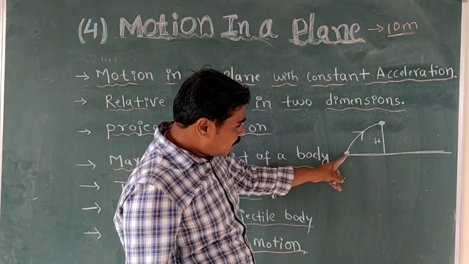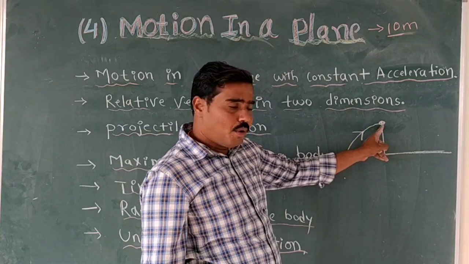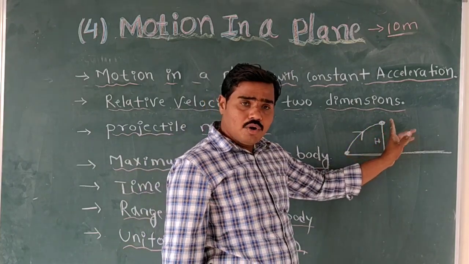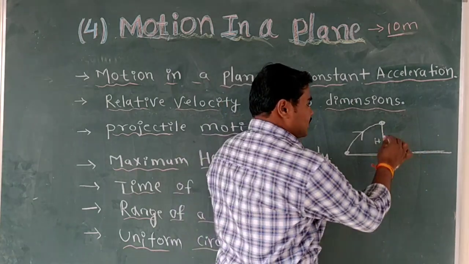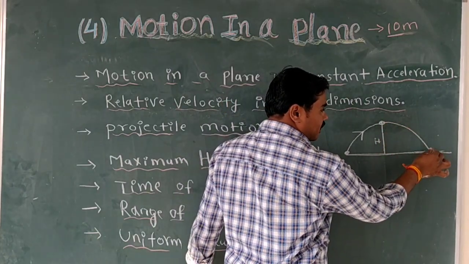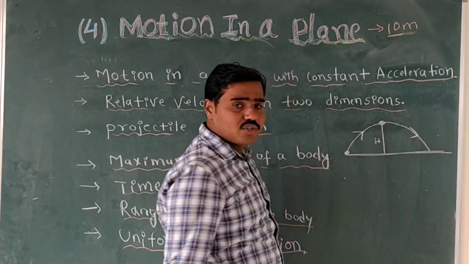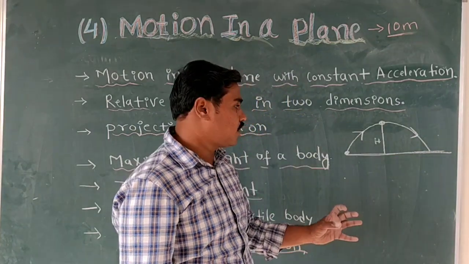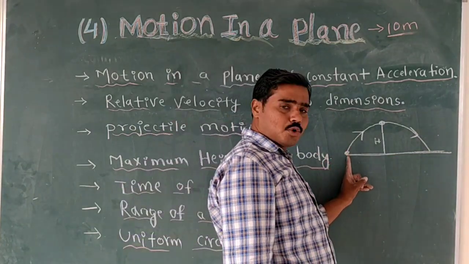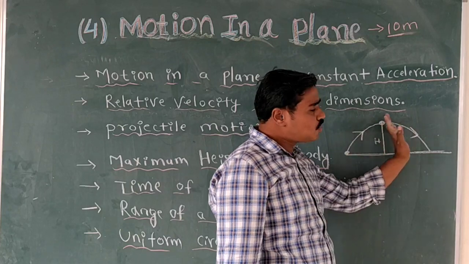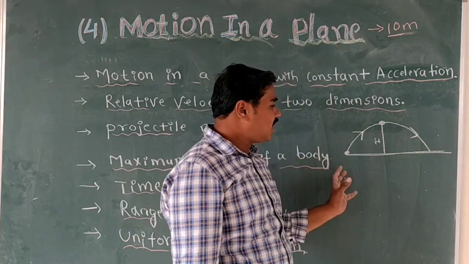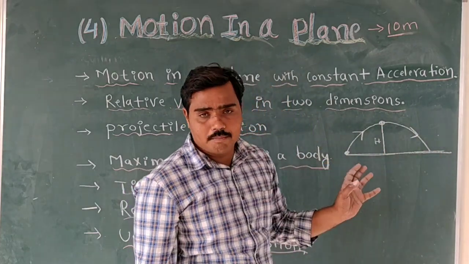See here, when you apply force in this direction, the body comes down in the same direction like this, because of the gravitational pull of the earth. When you throw a stone in space, it covers one path. That path you call the parabolic path.